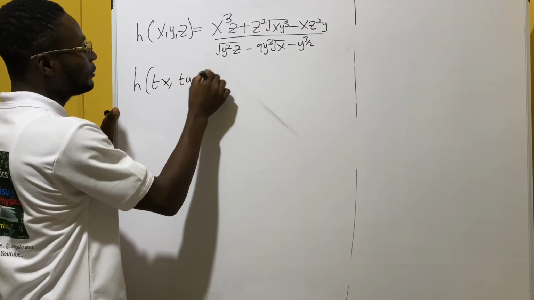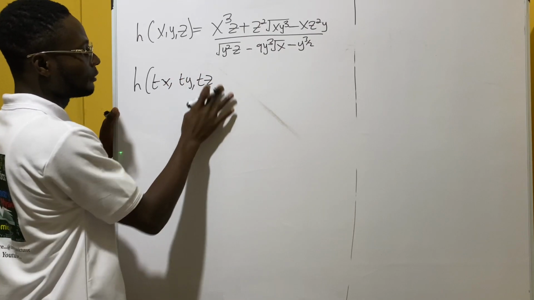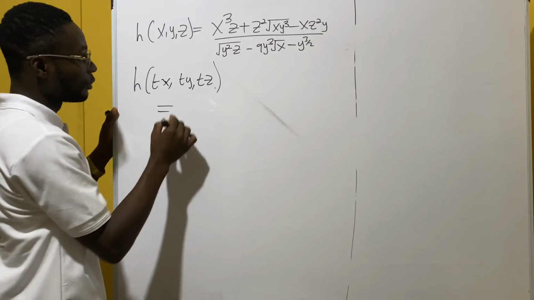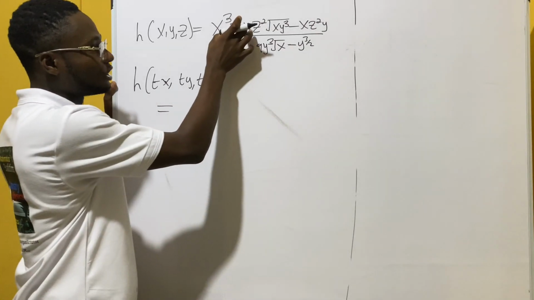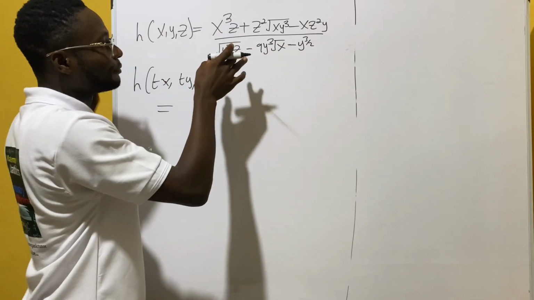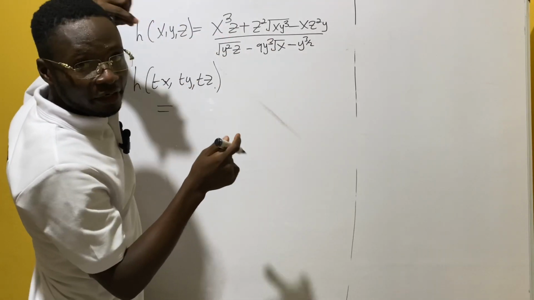ty, and tz. That should be equal to, we substitute t in place of all the variables.